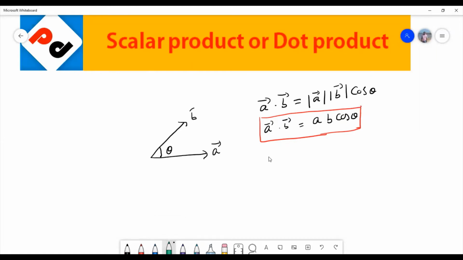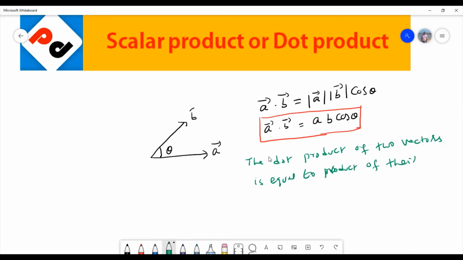From this only we can say the dot product of two vectors is equal to product of their magnitudes and cosine of angle between them.